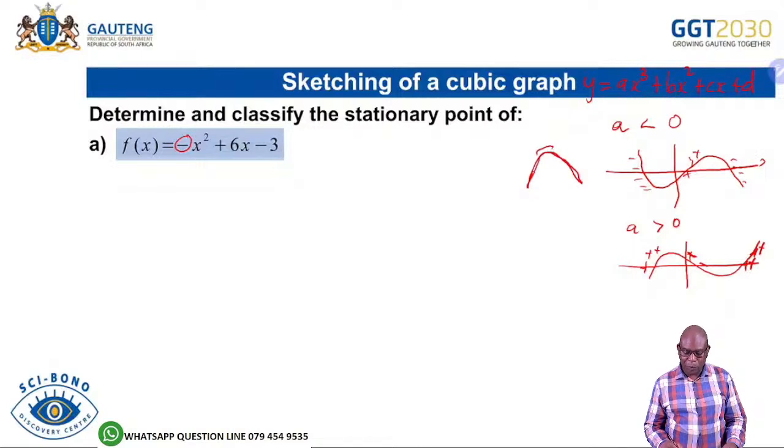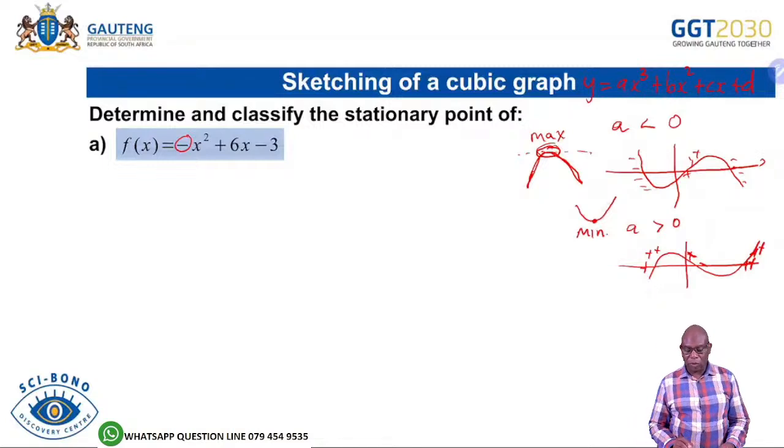Which means that this stationary point is where the gradient is 0. So what type of stationary point do we have? A maximum or a minimum stationary point? In this case, we're going to have a maximum stationary point. When you have something like this, that is the minimum, right?